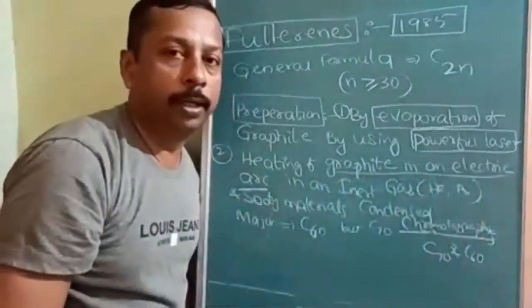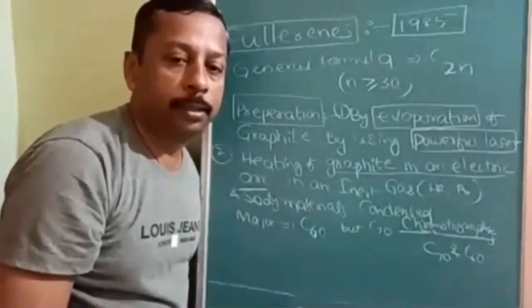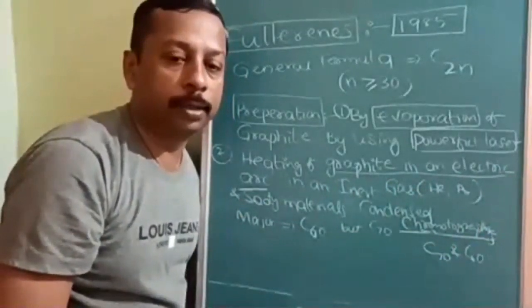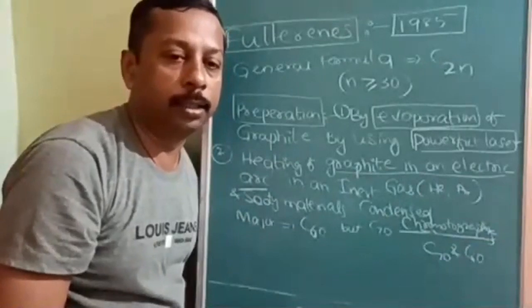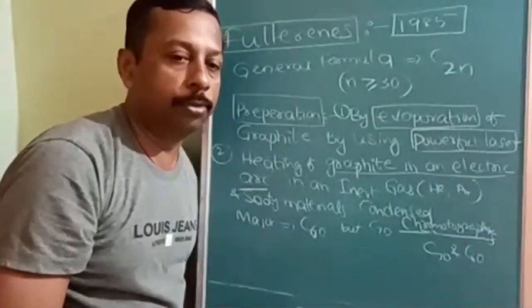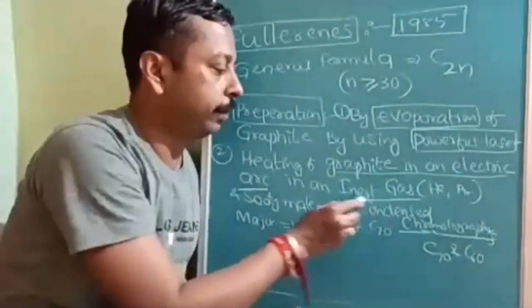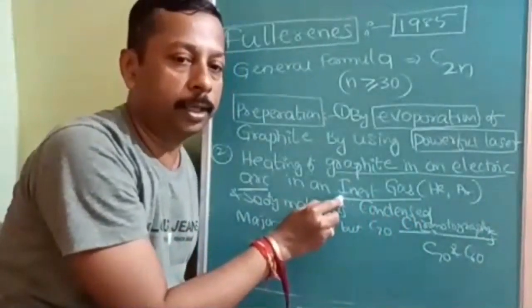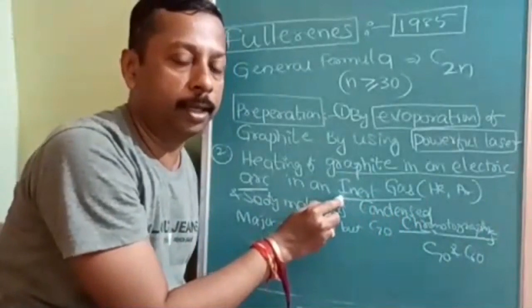But during heating, what happens? It may react with other gases in the atmosphere, such as oxygen, nitrogen, etc. So to avoid that, it should be done in the presence of an inert gas like helium or argon.